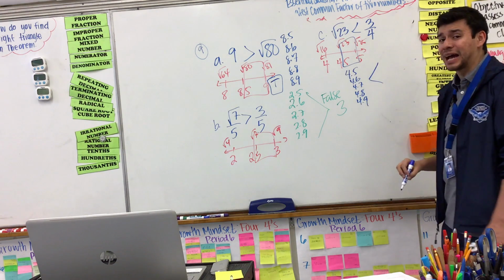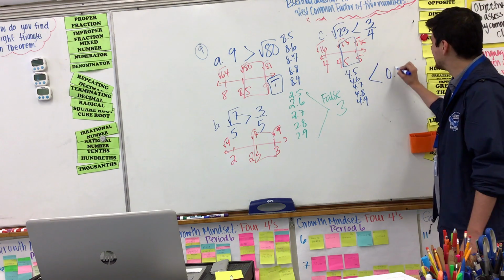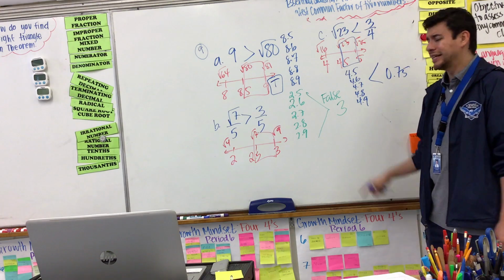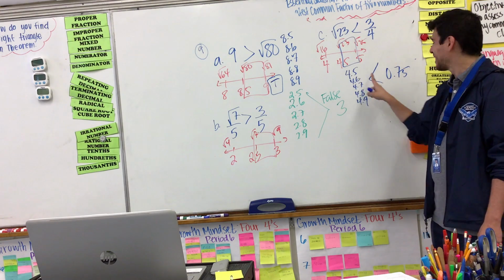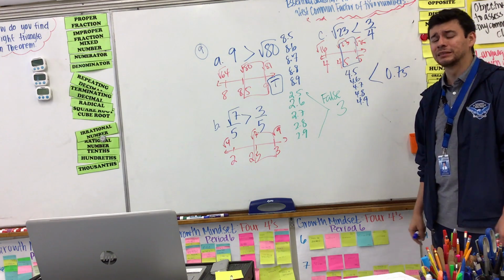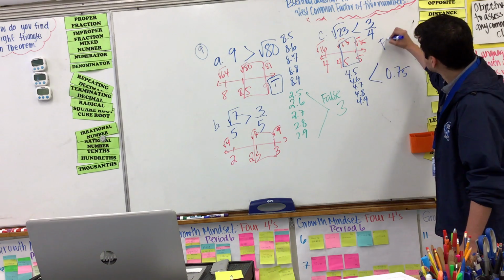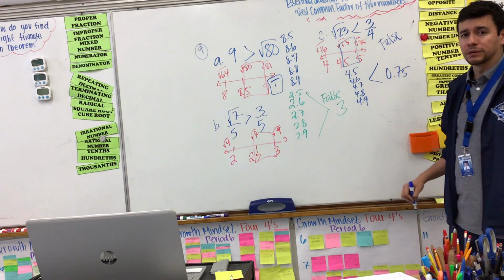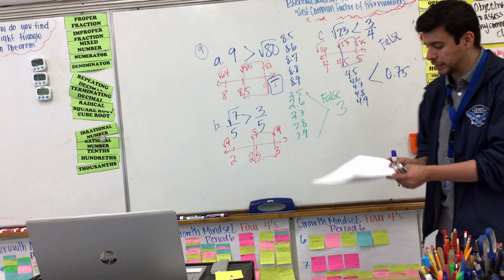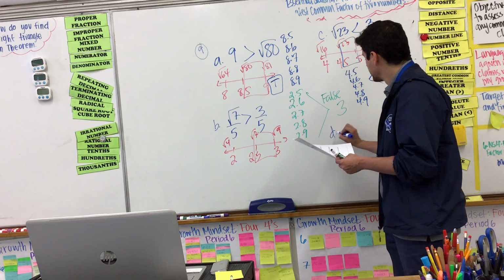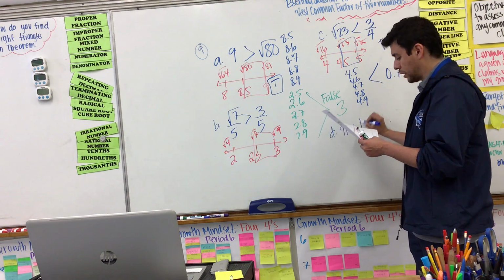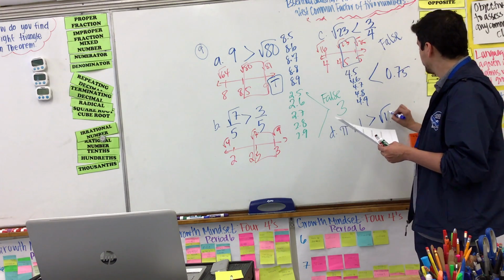3/4 is actually 0.75. Is 4.50 less than 0.75? That's false. Okay? And then the last one is letter D. Pi plus 1 is bigger than square root of 15.